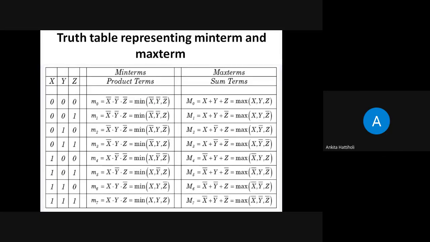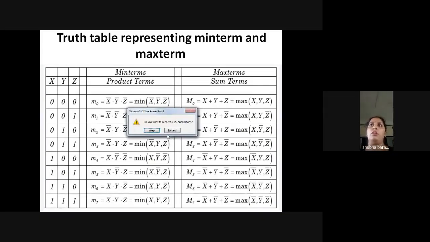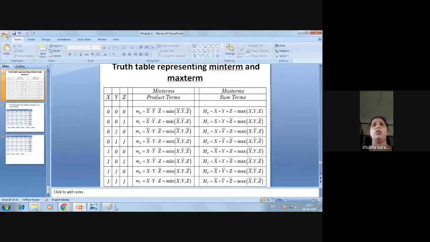Have a glance at the table once more. You form the table by yourself. Okay, so you all can quit the class.